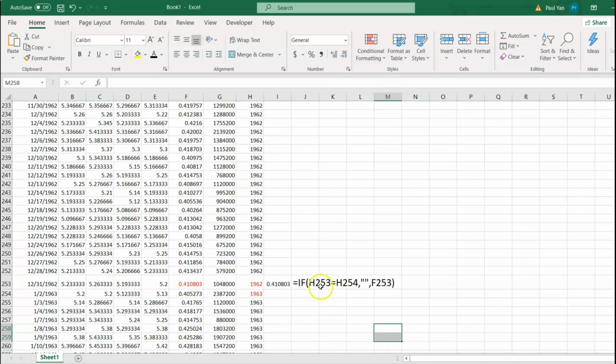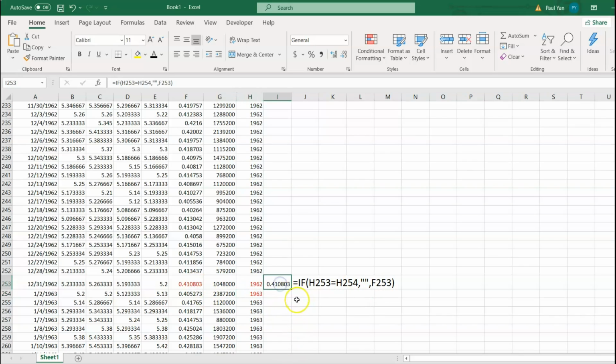H253 equals 253. So if this 62 equals this value, then we have nothing. Otherwise, we take the value F25.